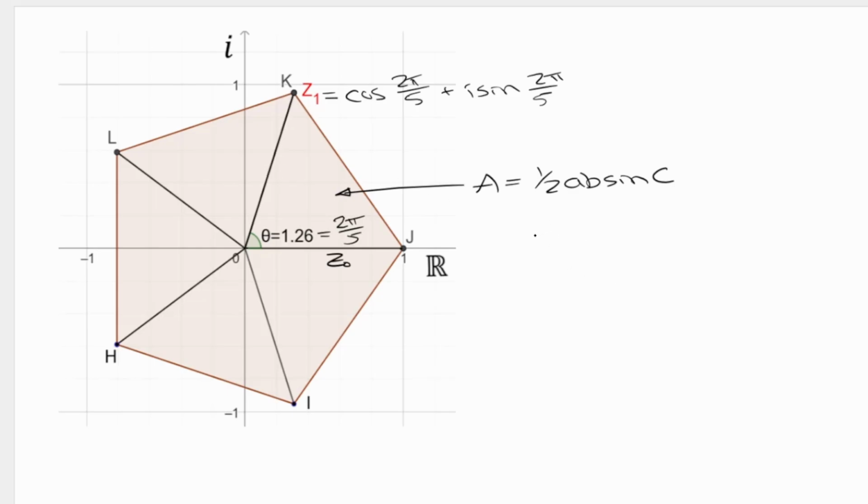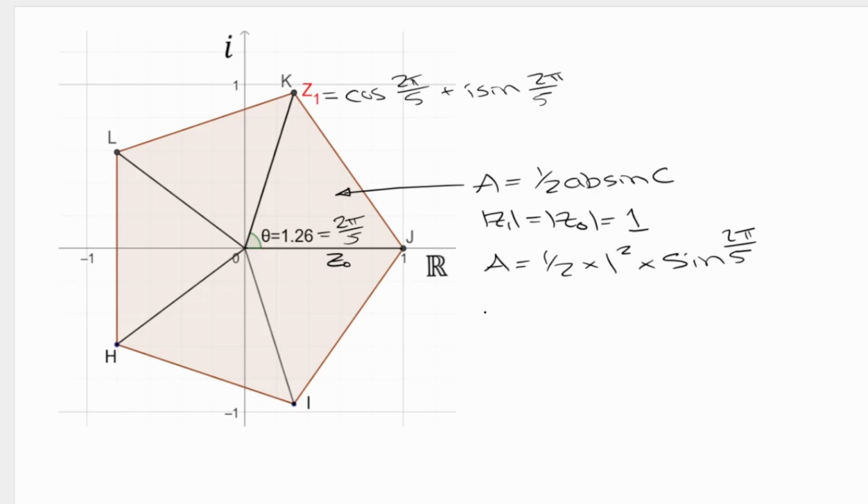So we know that those moduli are equal: the modulus of z1 is equal to the modulus of z0, which we know is actually unity, or 1. So the area of our triangle simply becomes a half times 1 squared, multiplied by sin of 2π upon 5. That's the area of one triangle.